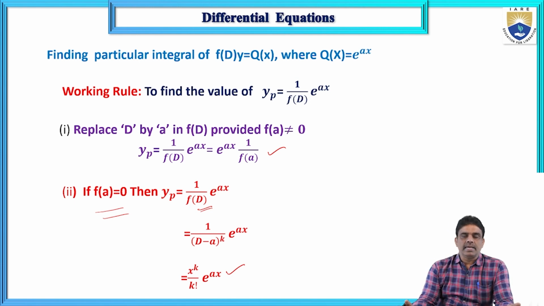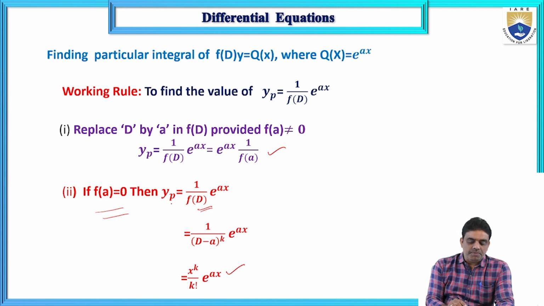So here we are covering two situations, when f of a is not equal to 0 and when it is equal to 0. When it is not equal to 0, the value is e power ax by f of a. Very simple. If f of a is 0 and f of D is in the form D minus a whole power k, then 1 by f of D of e power ax is x power k by k factorial into e power ax.